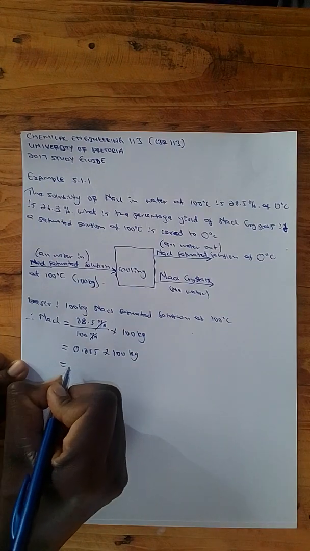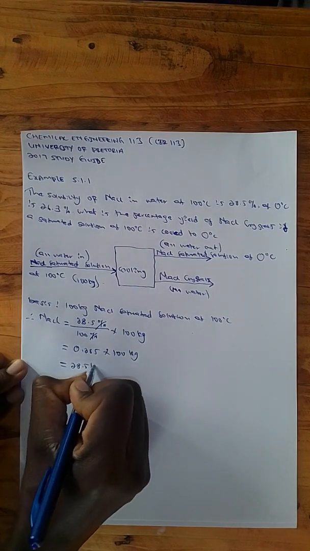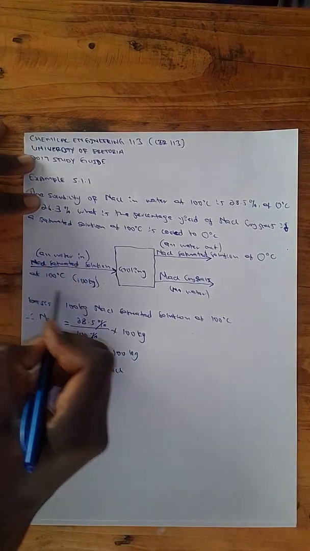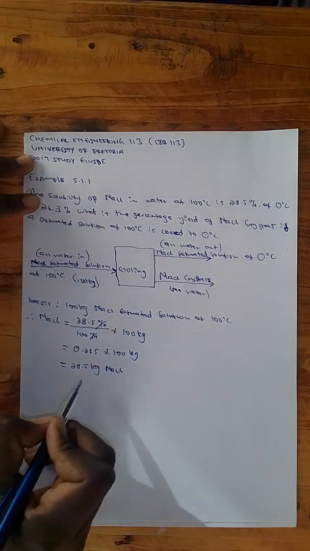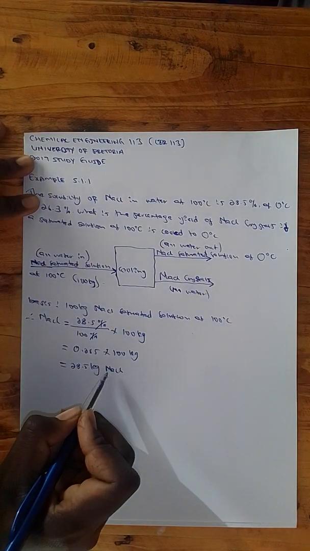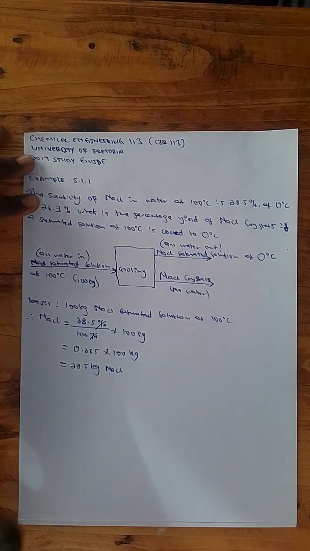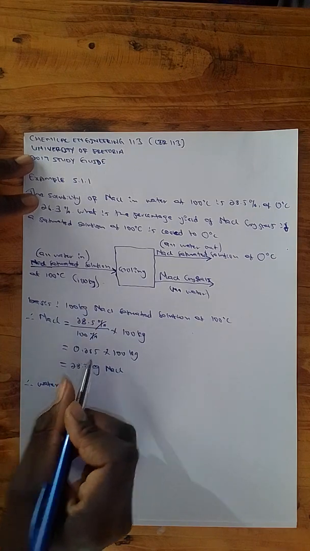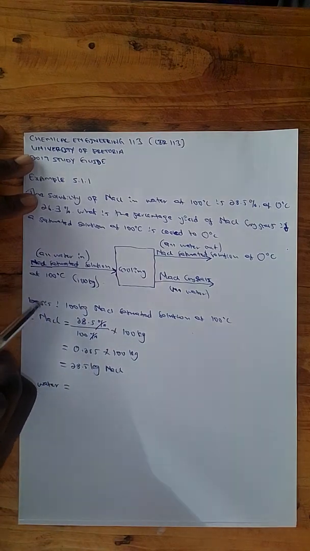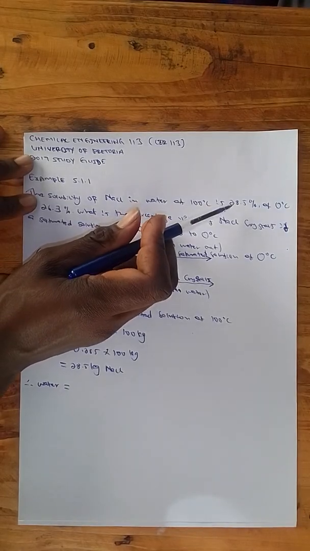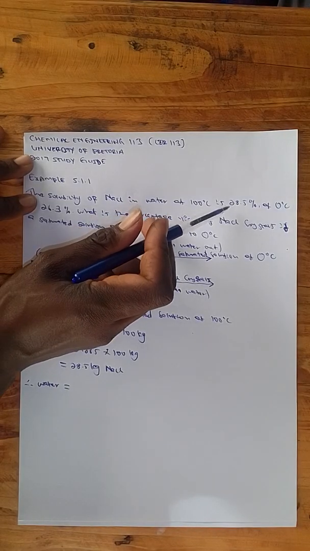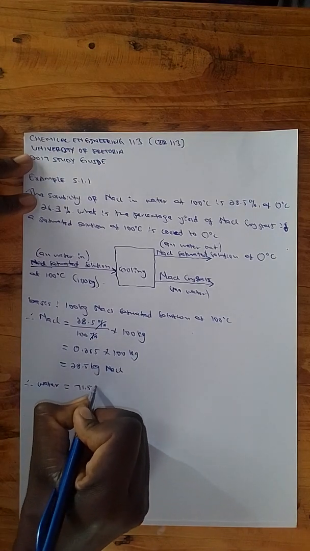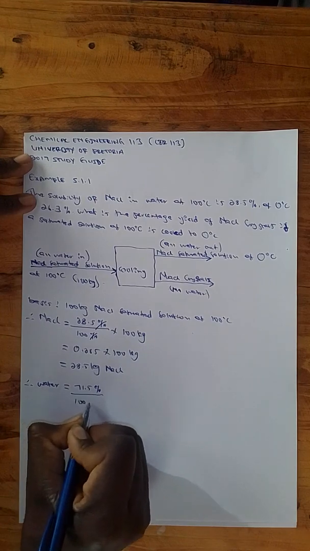Now this gives us 28.5 kilograms NaCl, which means at 100 degrees Celsius this stream has 28.5 kilograms sodium chloride when we use a basis of 100 kilograms. Therefore, for the water, we do the same. We know it's only water and sodium chloride. If sodium chloride is 28.5%, then water is 100% minus 28.5%, which gives us 71.5% over 100%.